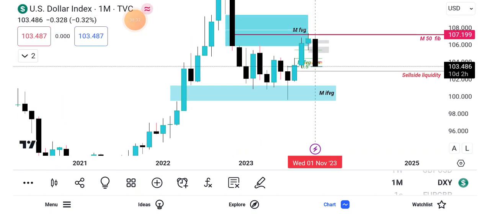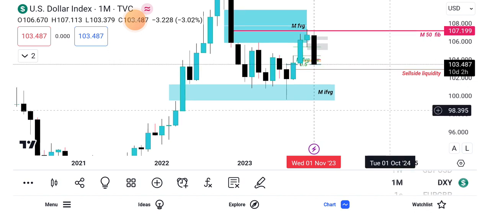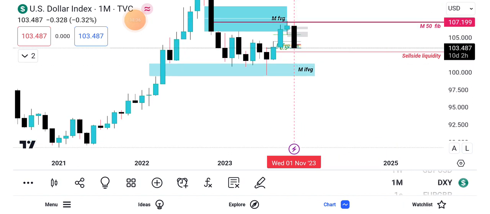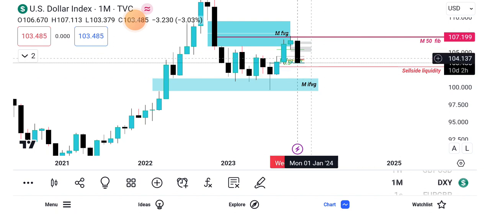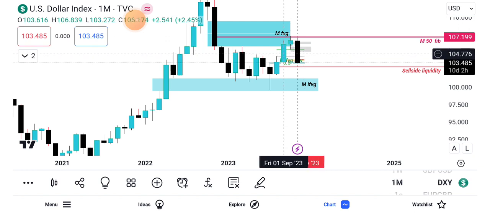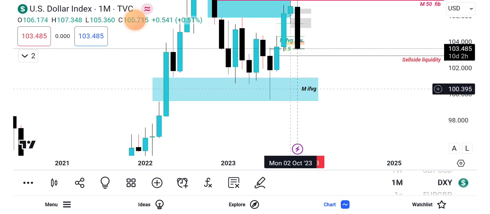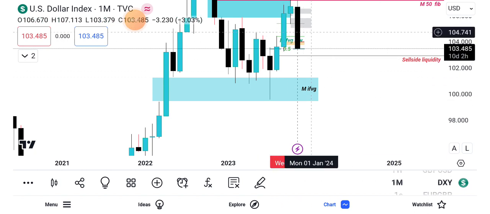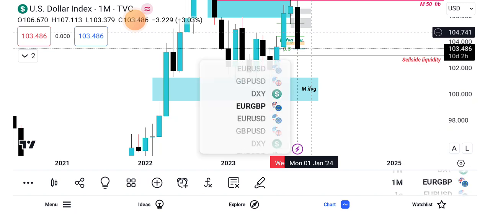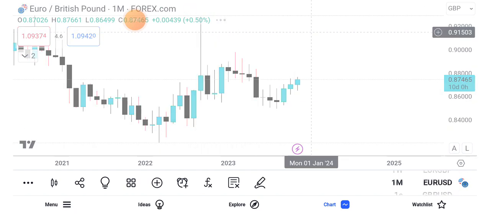Which I have said: if you want to see higher prices in DXY, you want to see this candle close inside, above the constant encroachment of this fair value gap, as you can remember, the two green lines. Yeah, if you want to see higher prices. So in EUR/USD, the same.